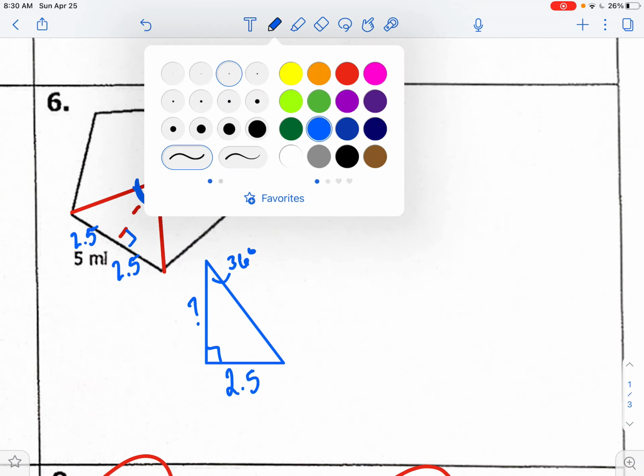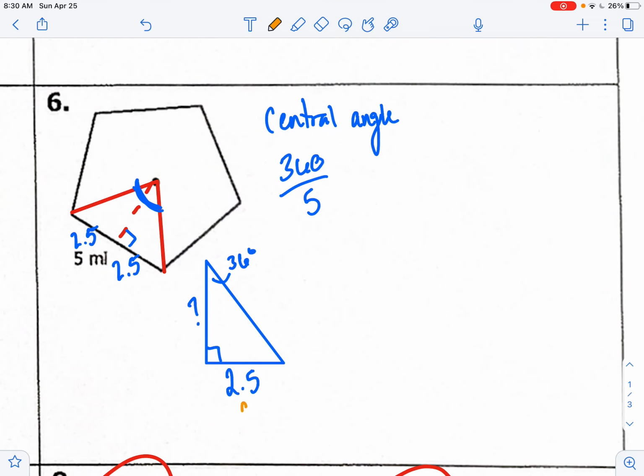So to find that apothem, now I can do my trigonometry. I have the opposite side. I want the adjacent side. So I would do, let's see, SOHCAHTOA. Opposite, adjacent, tangent.